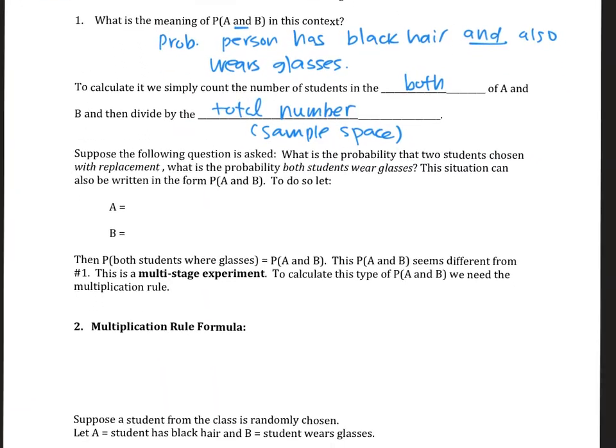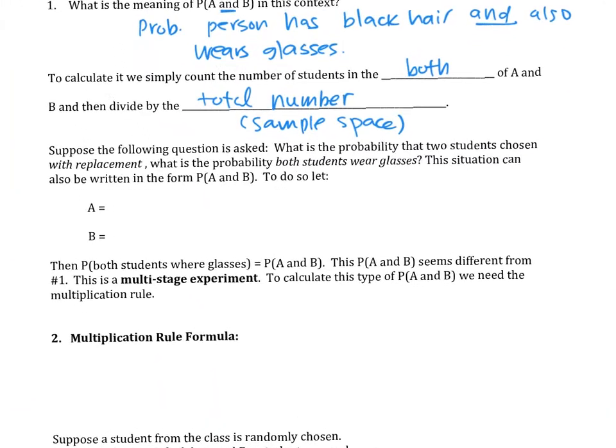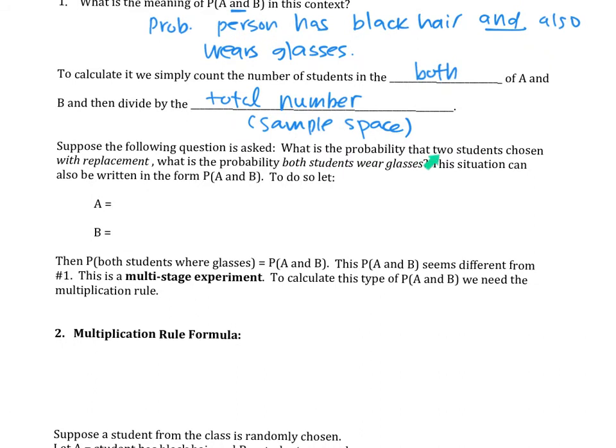Suppose the following question is asked. What is the probability that two students are chosen with replacement? What is the probability that both students wear glasses? Okay, it seems like we are taking now two students. This situation can also be written in the form A and B. This is where things get slightly complicated. So let's say we're selecting now two students. Now I want to make sure that both students wear glasses.